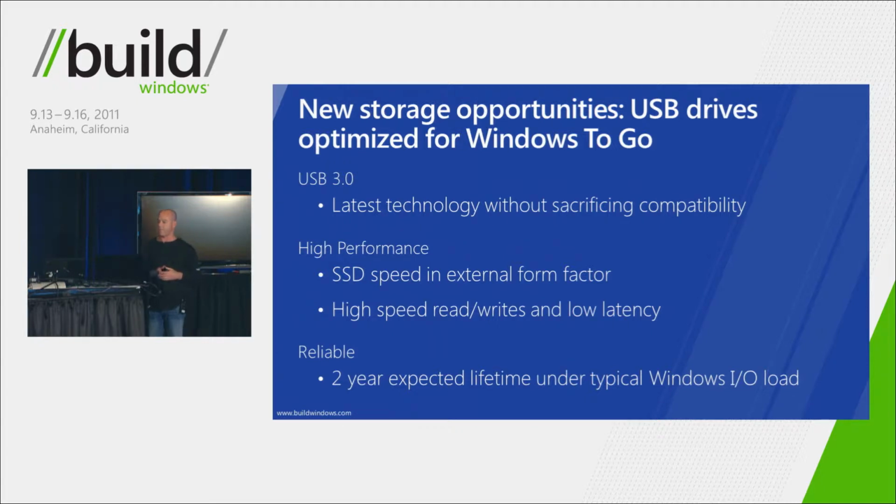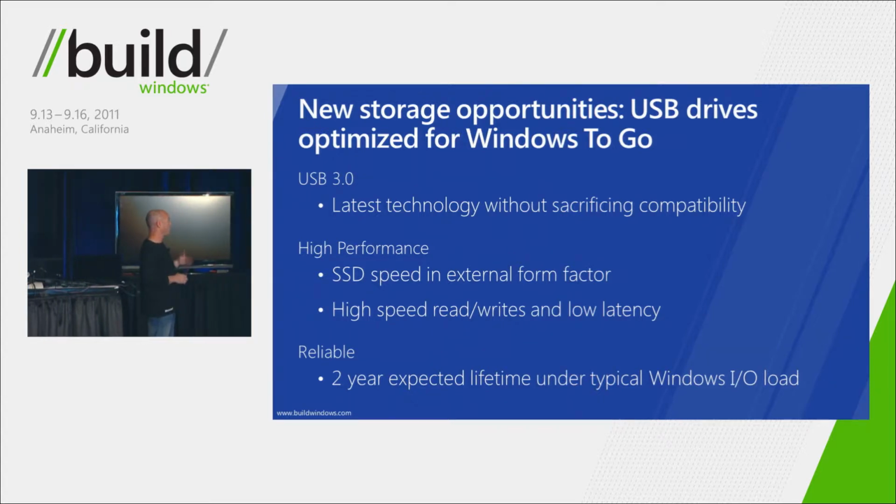Fast drives are drives that are able to copy and read files very quickly. What we need for Windows to Go, because we're really running Windows off of a drive, is something that has the same characteristics of a drive you would see inside the machine, and that really is an SSD.